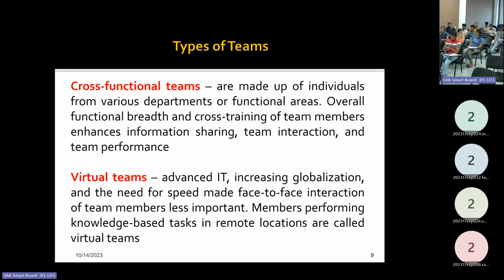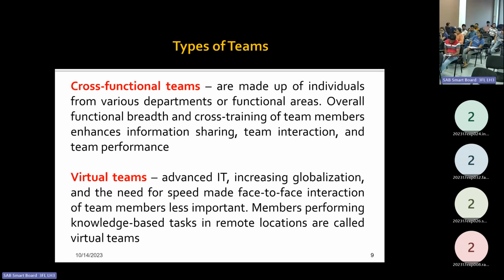Now we are going to identify different types of teams, not groups. These are new names of modern teams in the workplace. The first one is cross-functional teams. As the name says, the members of cross-functional teams come from different backgrounds and workstations. They can share a lot of information, problems, and issues applicable to their divisions, and come up with solutions.